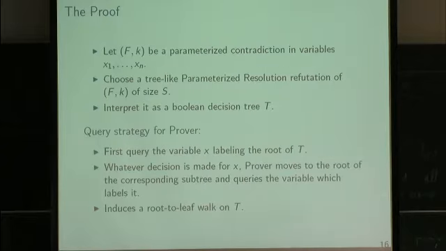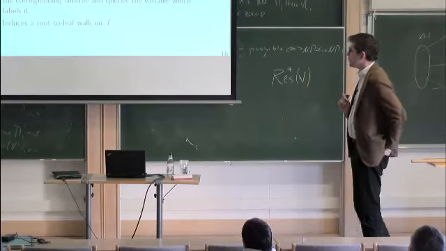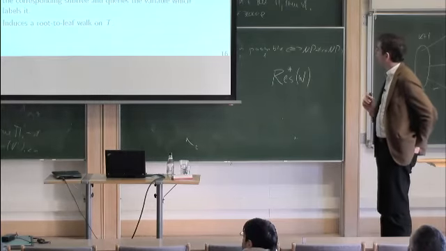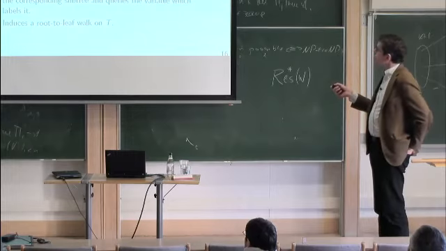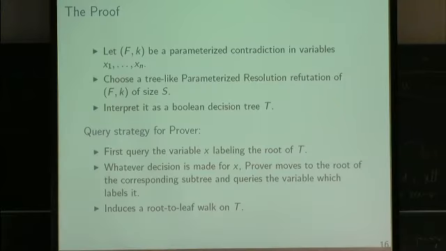And well, let me just make a very small remark on the proof. I think time is not really permitting me to show you all of it. Suppose you have a parameterized contradiction in these variables, and we choose a parameterized resolution refutation that we know exists of this size S. So we interpret it as a Boolean decision tree.